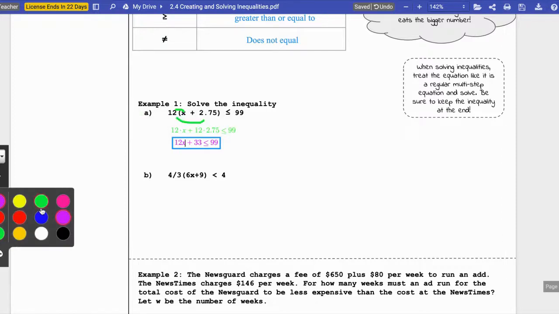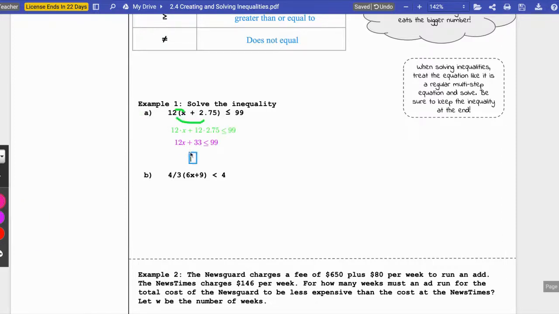We're going to subtract 33 from both sides to solve for x. When I subtract 33, I end up with 12x is less than or equal to 66.